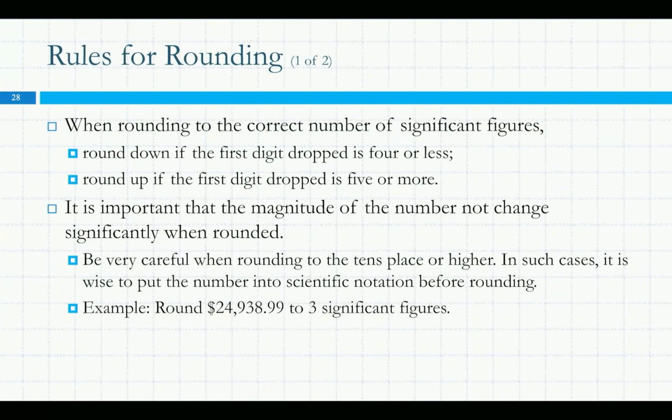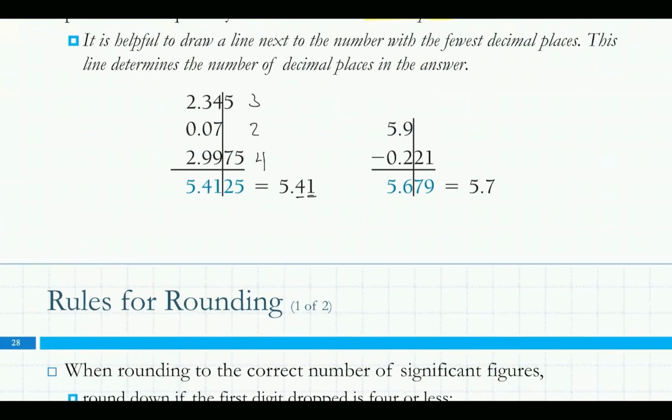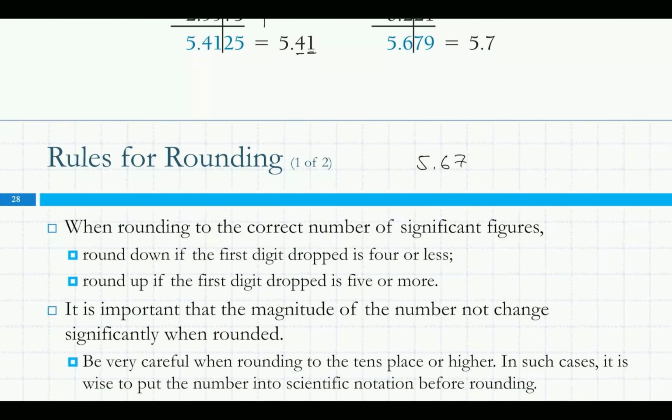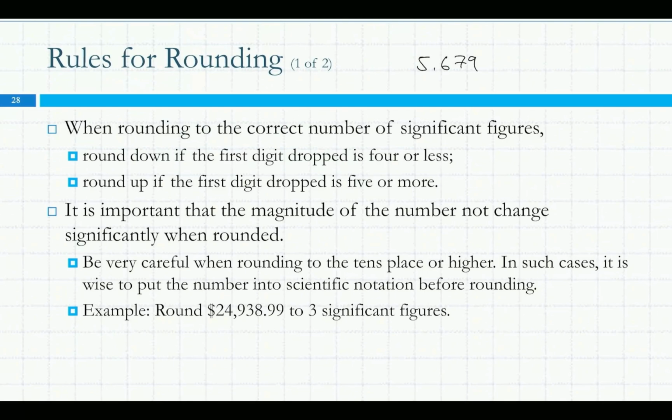Rounding rules. Hopefully you've seen rounding rules before. They're not tricky. Let me grab an example. So 5.679, and we were keeping, in this case, one, maybe I should just underline the one decimal place that we're keeping.